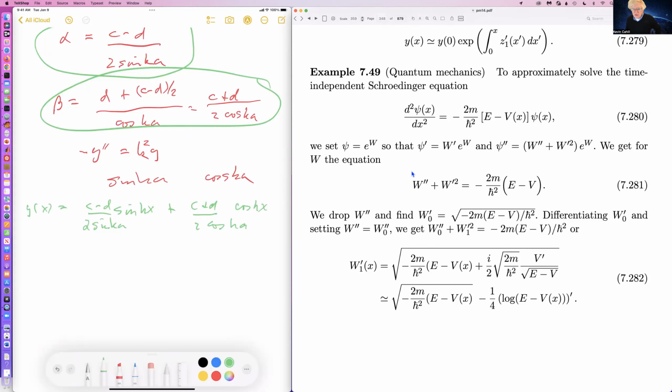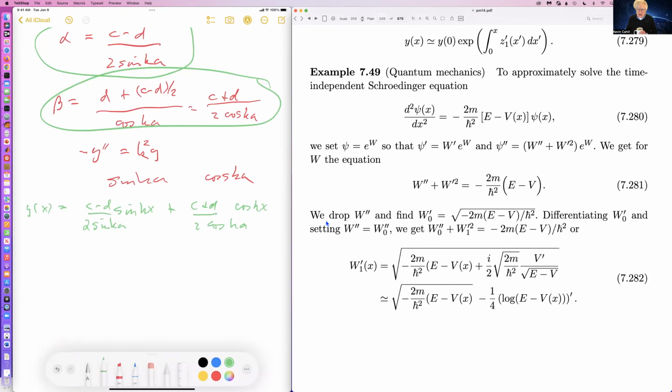And what we do is we first drop the second derivative of w. See, this is w double prime. So we just find the lowest approximation is w0 prime is just the square root of this thing.